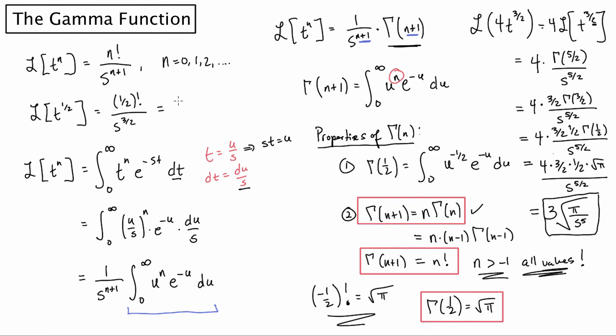Well, the answer to that is gamma of 3/2 over s to the 3/2. But as we've seen here, gamma of 3/2 is 1/2 square root of pi, so that's 1/2 square root of pi over s to the 3/2. So that's the formula for the Laplace transform of the square root of t.